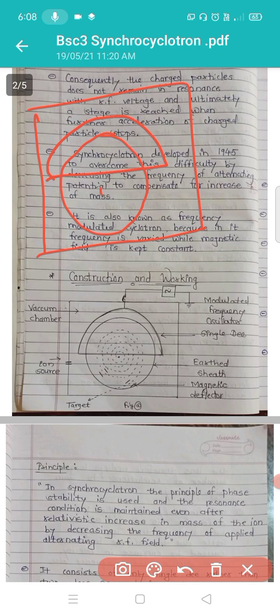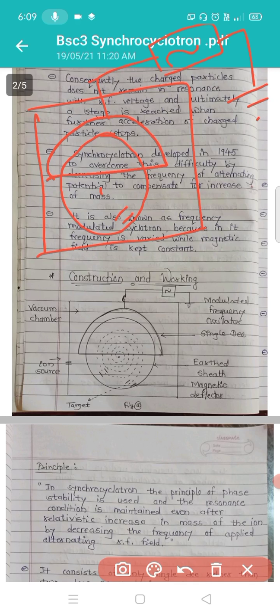The RF electric potential is applied between the single D and the earth sheet, and there is a magnetic deflector to deflect the particle to hit the target. This is the construction of the synchrocyclotron.